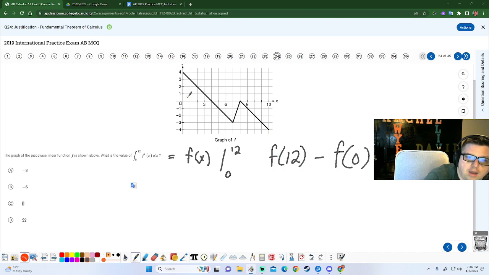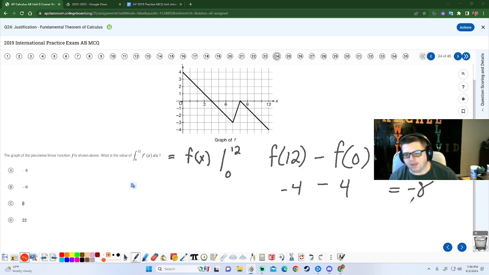So if we look at what is the function at 12, we have negative 4, minus what is the solution at 0. Well, that's a positive 4. We would still get that negative 8 value. So if we're looking at an AP calculus test and time is not on our side, my way is probably not the quickest way to go about it if we remember what integration really is at the end of the day.